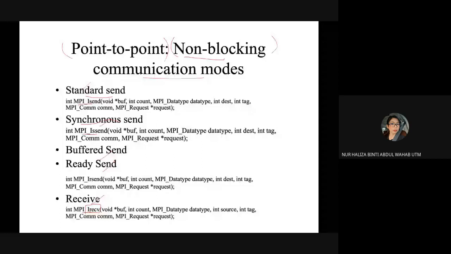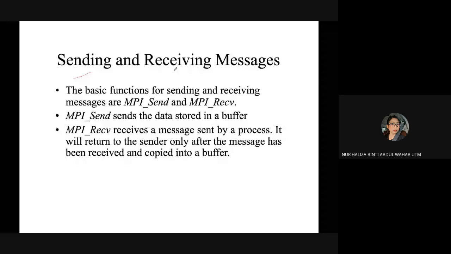Send and receive message. The basic functions for sending and receiving messages are MPI_Send and MPI_Recv. This one we already looked at in the table. This is the standard for how you are going to send and how you are going to receive. MPI_Send sends data stored in a buffer or in your stack.